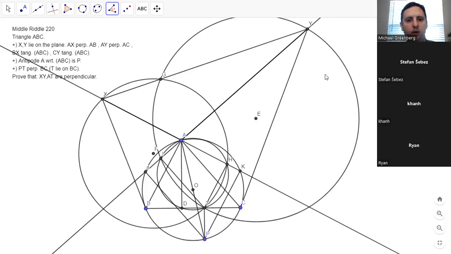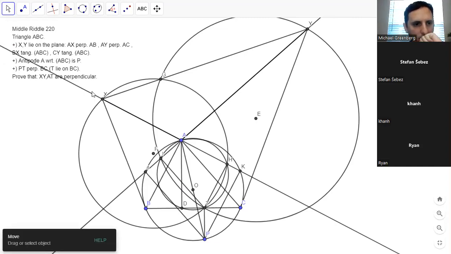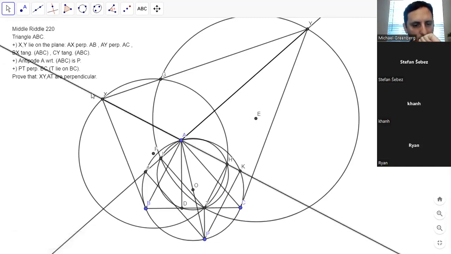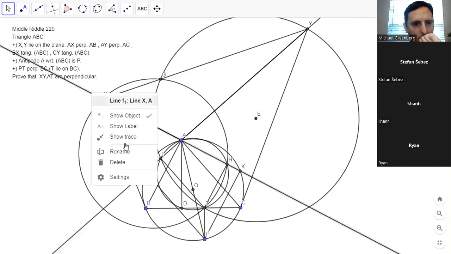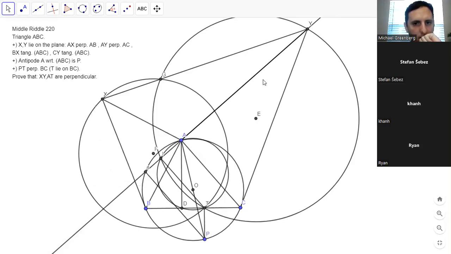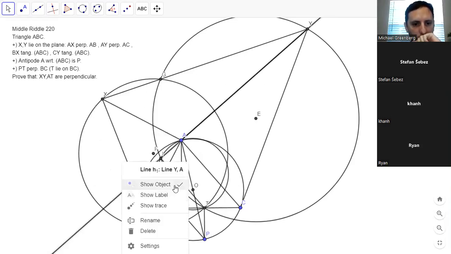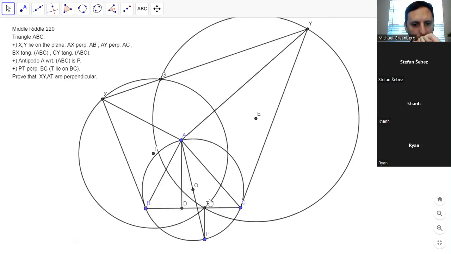So, I think I found a solution. Okay, so can you just keep the original points and just delete the other ones?